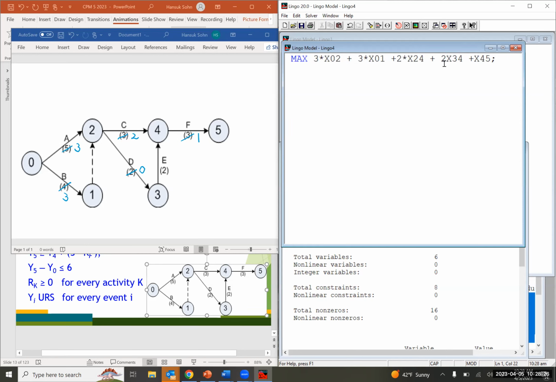I forgot asterisk is the multiplication symbol. Okay, that's our objective. So I missed the equal sign.